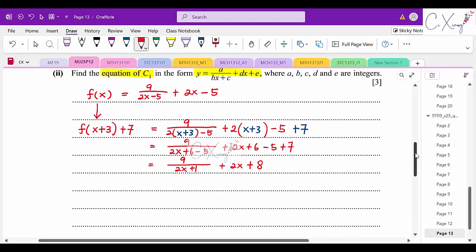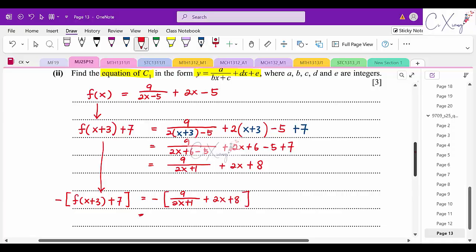Then after that, I need to go through the second transformation, which is a reflection in the x-axis. When we have a reflection in the x-axis, it means that we multiply the whole function by negative. So very easy, you just multiply a negative to the whole function that you got just now.